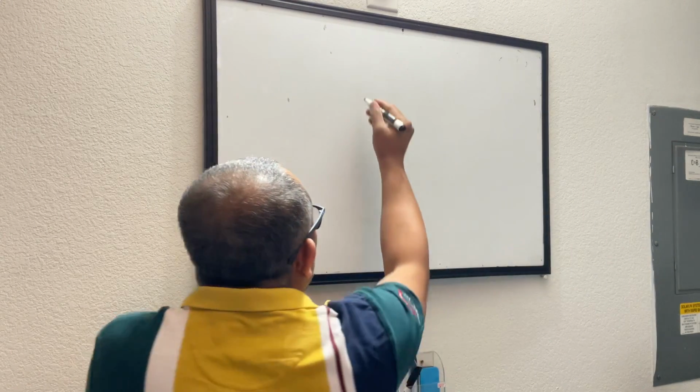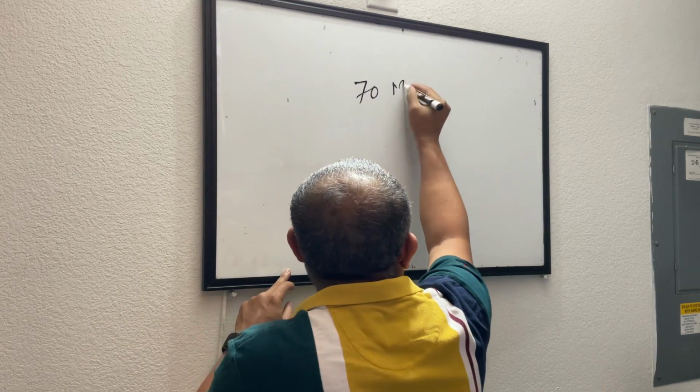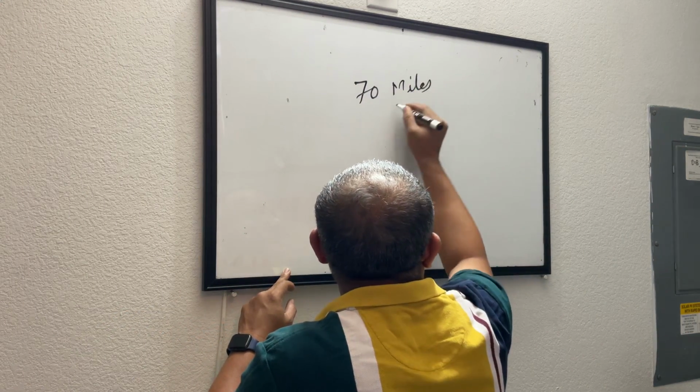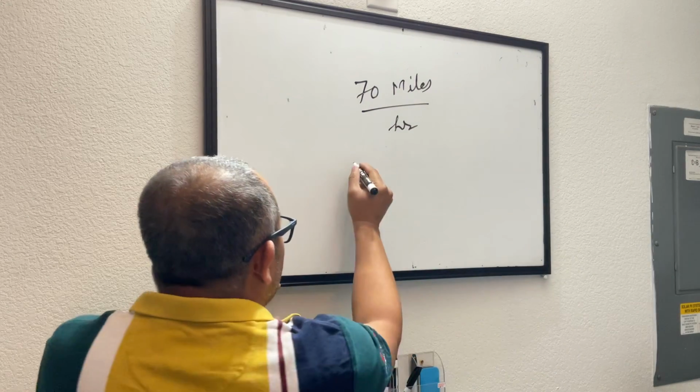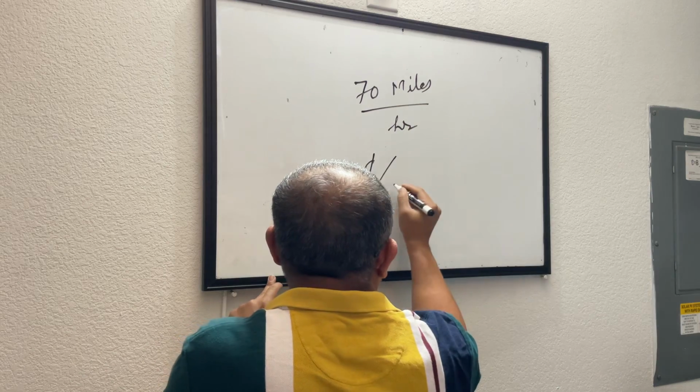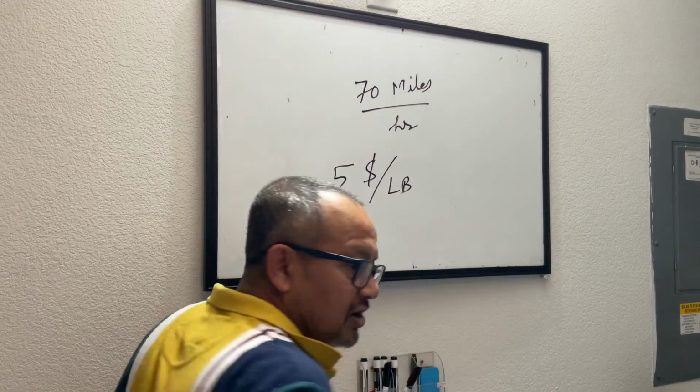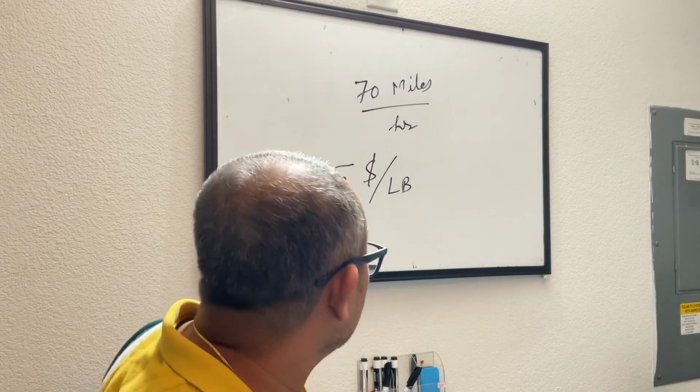Would it be like for speed, how we say miles per hour? 70 miles per hour. Yeah, the per hour would be the rate, right? Or $5 per pound. Yeah. Per pound would be the rate.